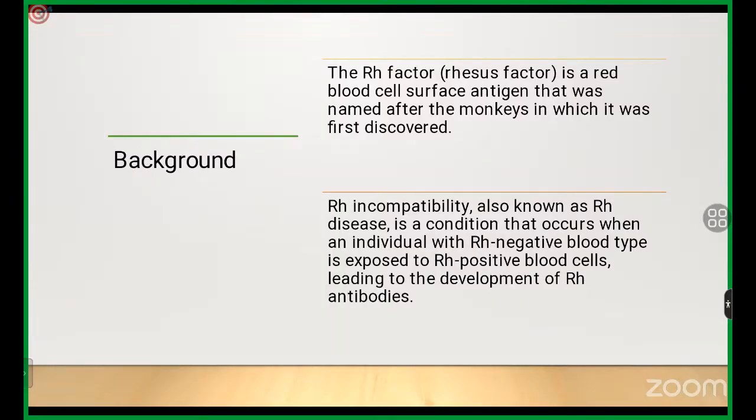The rhesus incompatibility, also known as RH disease, is a condition that occurs when an individual with RH negative blood type is exposed to RH positive blood cells. And this leads to development of RH antibodies.